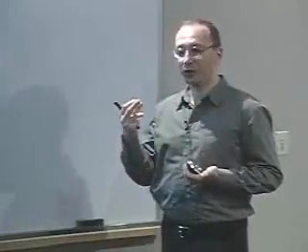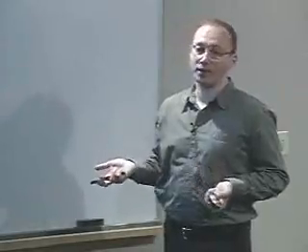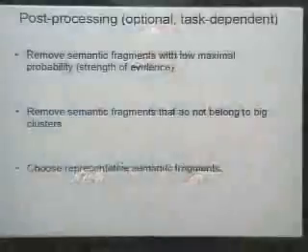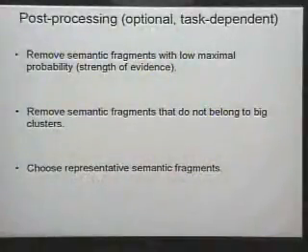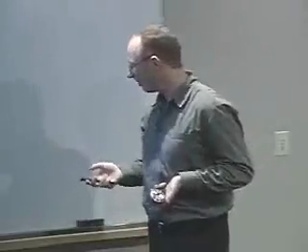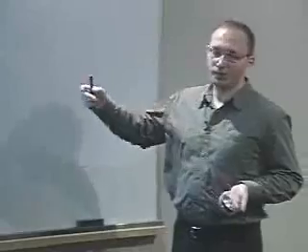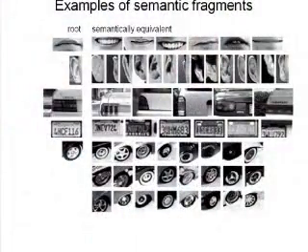Therefore, they should cluster well, using simple visual similarity. And then, those that do not belong to one of the big clusters are probably outliers, so we can throw them out. And last is to choose a representative semantic fragments. We don't want to use 100 semantic fragments in our classifier for several reasons, obvious. So we find, once again, greedily using mutual information, for example, 5 best or 20 best, whatever.